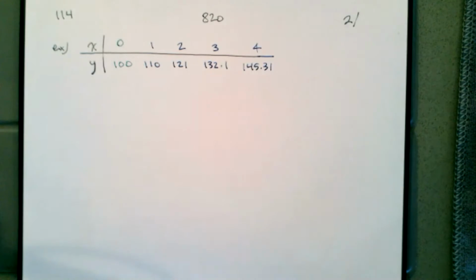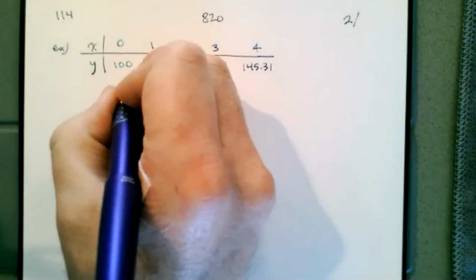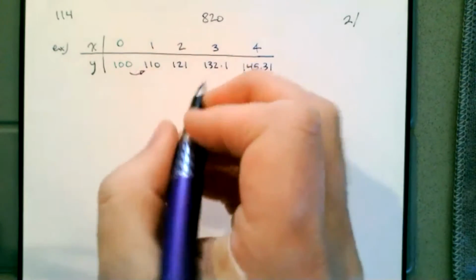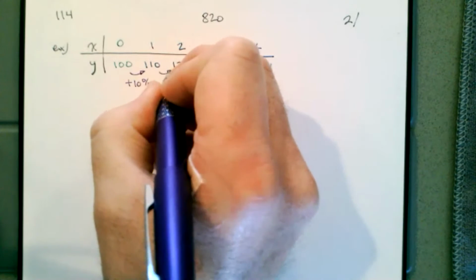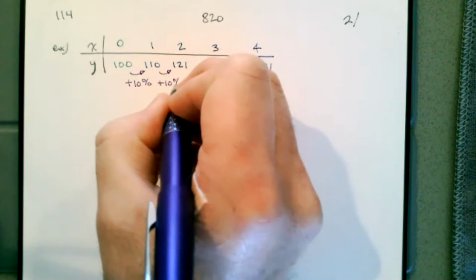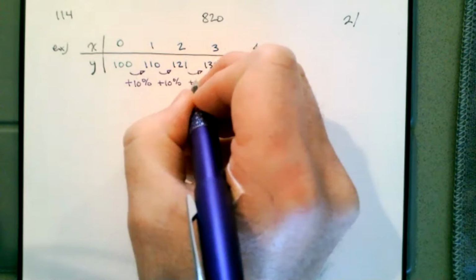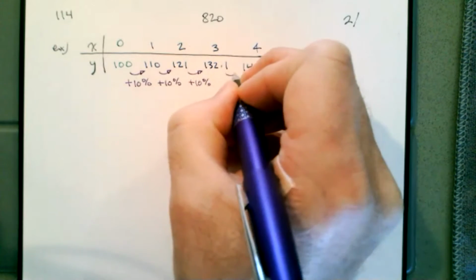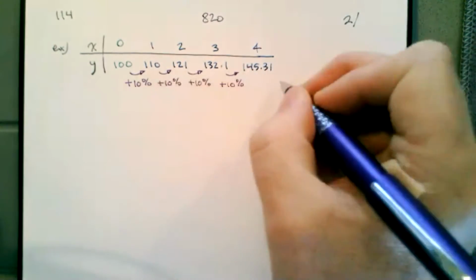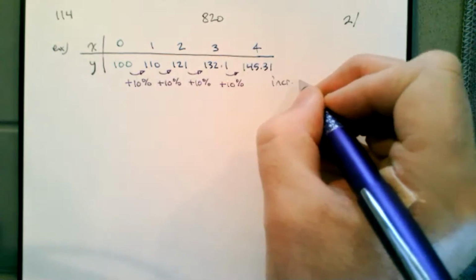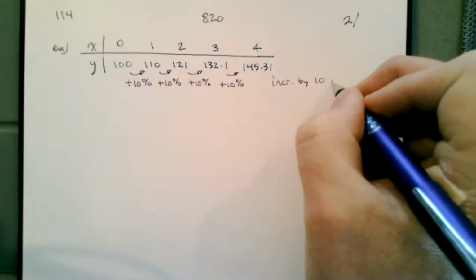So the description that we had, I used the wrong color before because my increase and decrease by percentages are usually in purple. So we're adding 10% each time, this is just us saying increases by 10%.